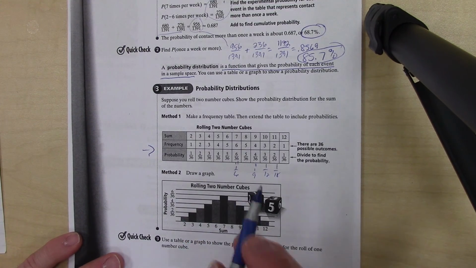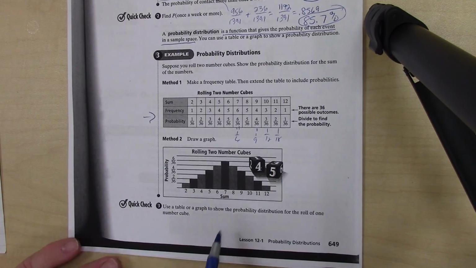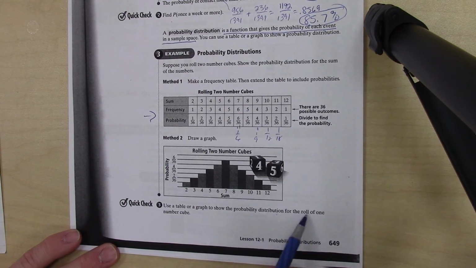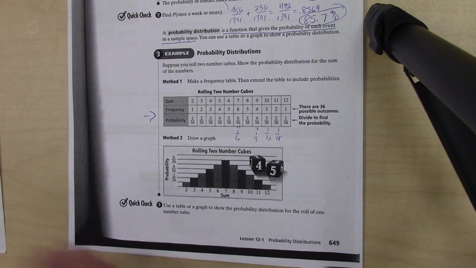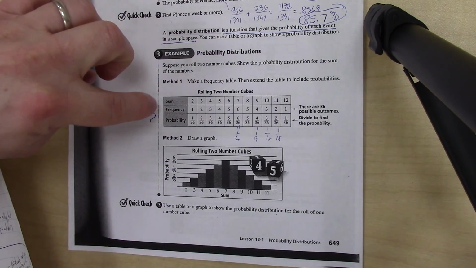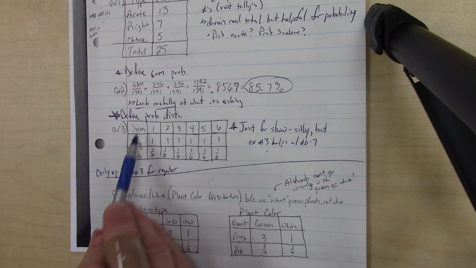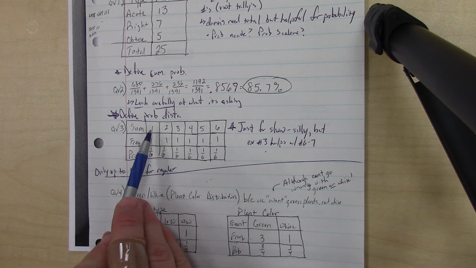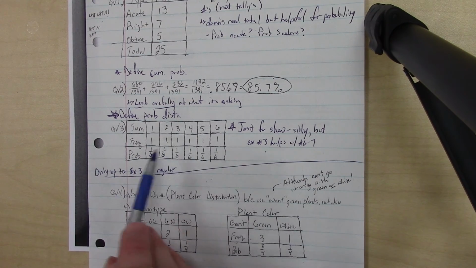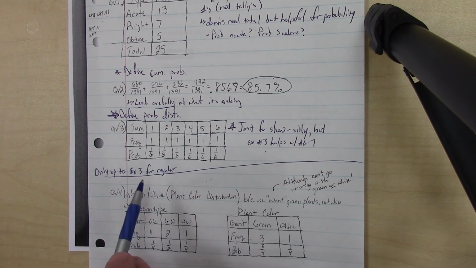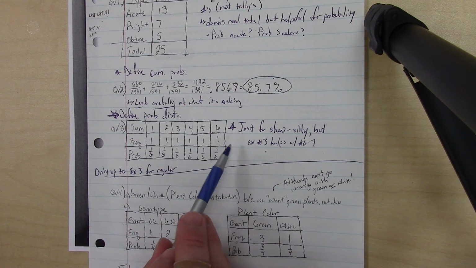Here it says use the table or graph to show the probability distribution for one roll of a number cube. Well, that's just plain silly. Now look at what probability distribution looks like. I did mine the same, right here: sum, frequency, probability. The sum for one die would be 1, 2, 3, 4, 5, 6. The chance is only 1 out of 6 for every one of these. That's why I write 1, 1, 1.